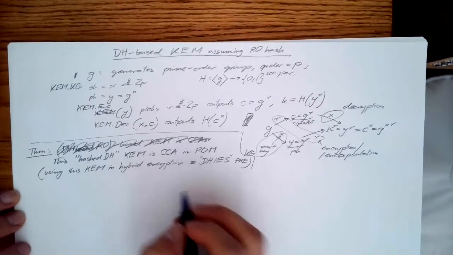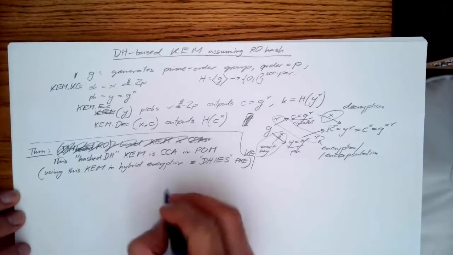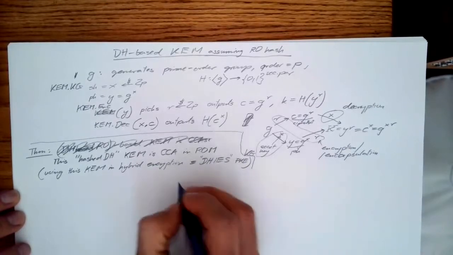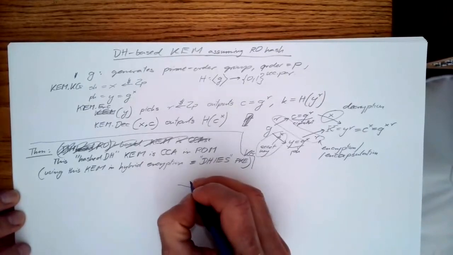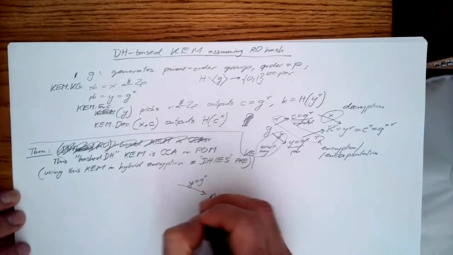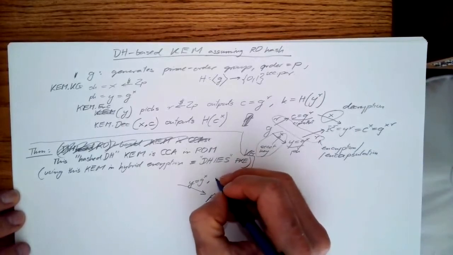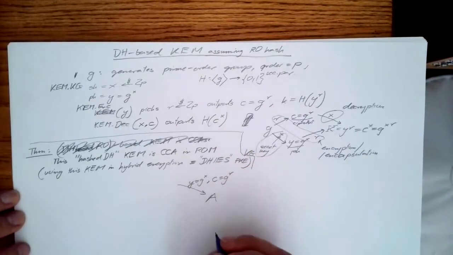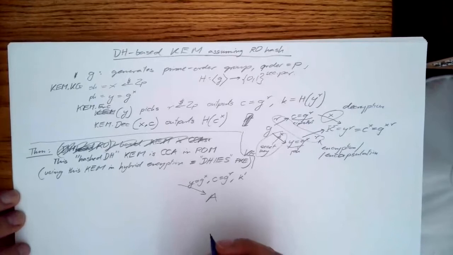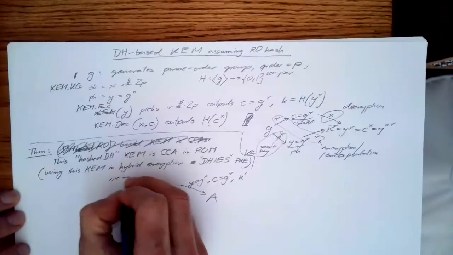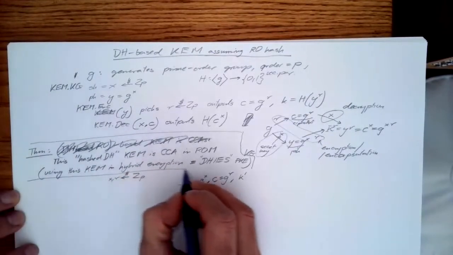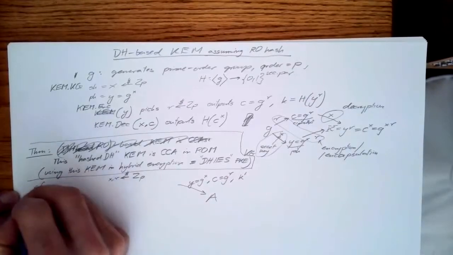Let's see what the attacker gets here. So the attacker gets a Y value, which is G to the X, and it gets a ciphertext, G to the R, and it gets a random string K prime. So X and R are picked both in Z_P. Now we are sketching the proof.